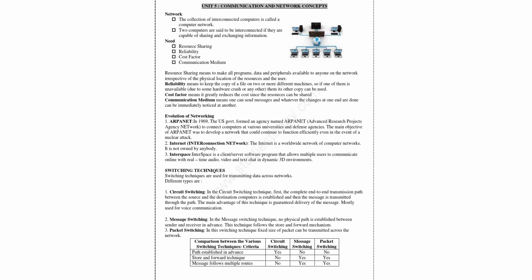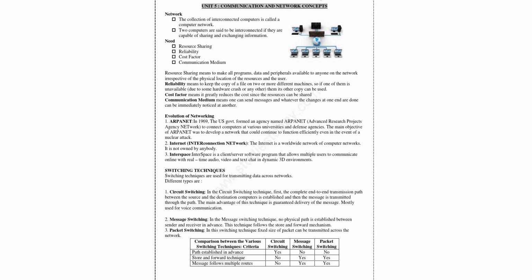For example, if I say something to one student and ask them to inform another student, that information will be distributed to the other student by the first student. So it is known as a communication medium, and network is a very good communication medium. Here you can see, resource sharing means to make all programs, data and peripherals available to any computer irrespective of the physical location of the resource and the user.